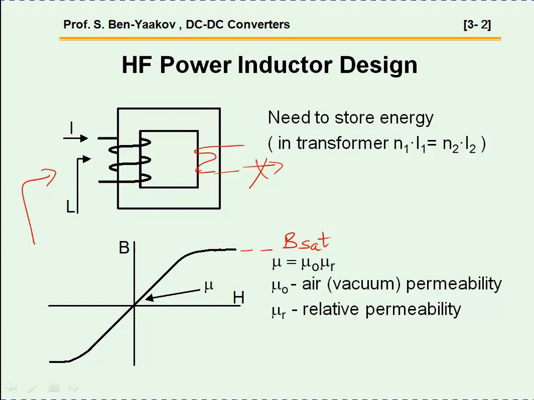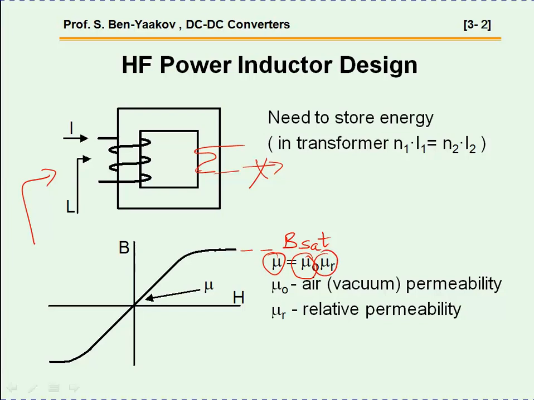Now, in order to maximize or optimize a power inductor, we normally use a ferromagnetic core. That is, the windings are put on a ferromagnetic core which has a high permeability. Permeability is defined, total permeability, as the initial permeability or vacuum permeability or air permeability times the relative permeability of a specific material.